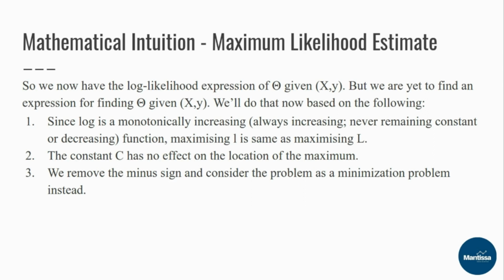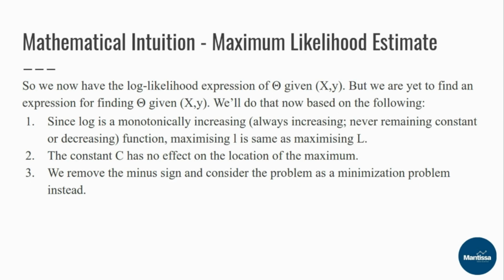Second point, the constant c has no effect on the location of the maximum, which is also true because we talked about c having no effect on theta. And thirdly, we remove the minus sign that we saw in the previous equation and consider the problem as a minimization problem instead.